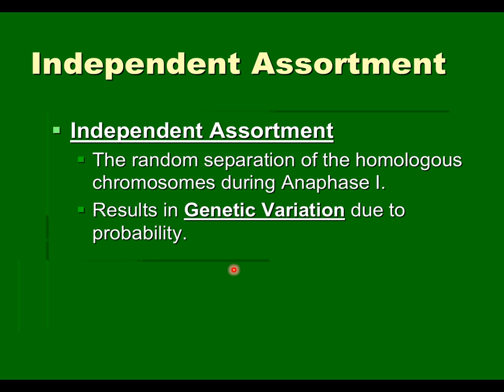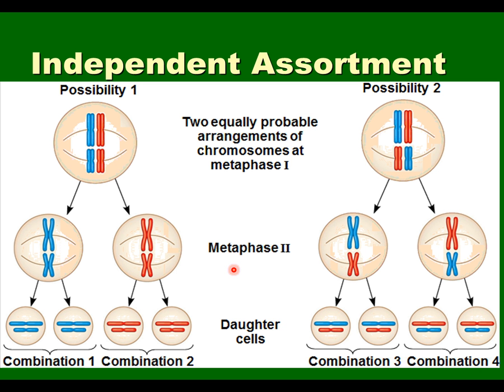So it's how those homologous chromosomes are separated that is the point of the concept. Independent assortment by itself is not too tough, but the probability is more of what we're concerned about, and how the genetic variation is connected to that. So as a reminder, here's independent assortment.